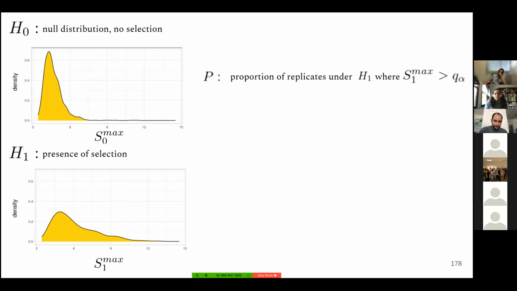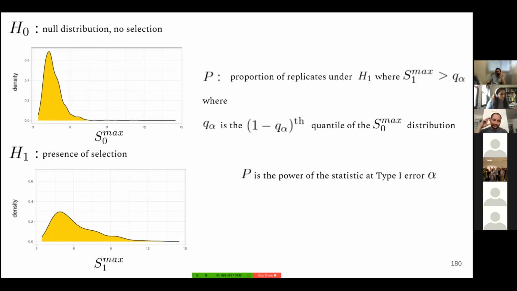We will define P as the proportion of replicates under the alternative distribution where S max is greater than Q alpha. And Q alpha is the 1 minus alpha quantile of the S max under the null. Then P is the power of the statistic at the type 1 error alpha.